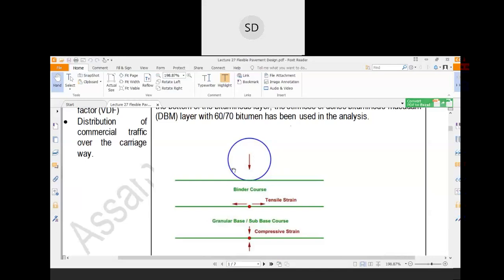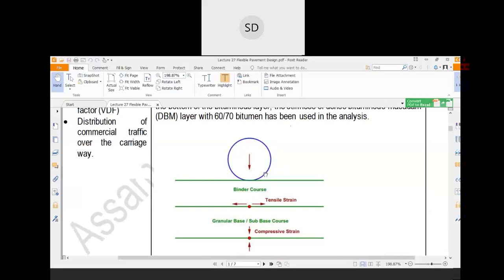Instead, you will impose repetitive applications of the load, because in the field also the load would be repetitive. That is, the vehicle is moving, so that load would be a repetitive cyclic load.